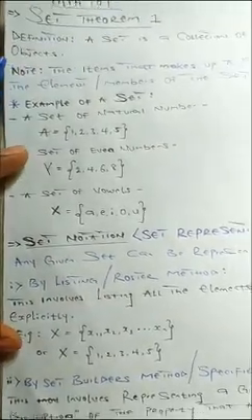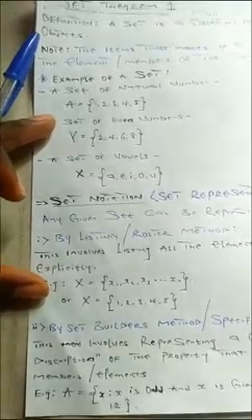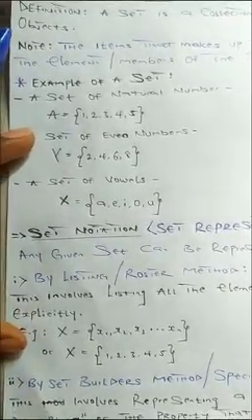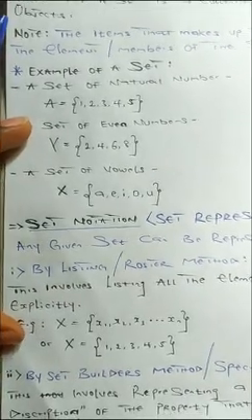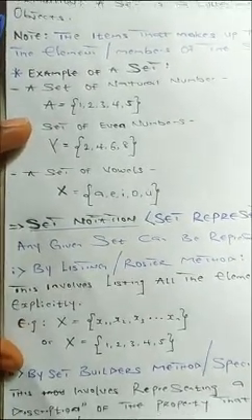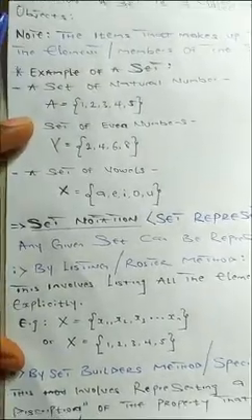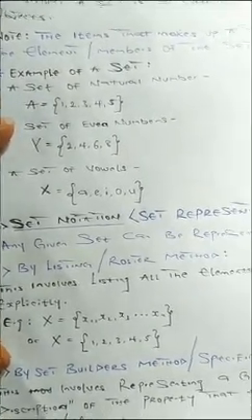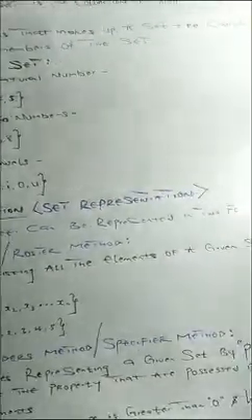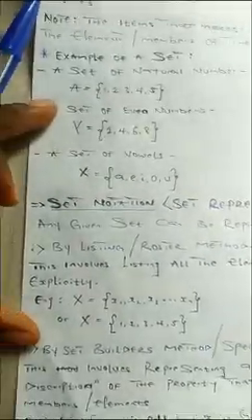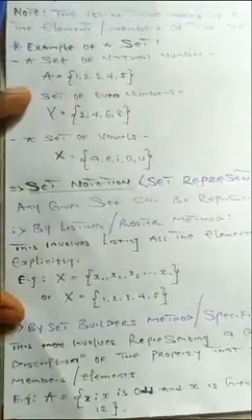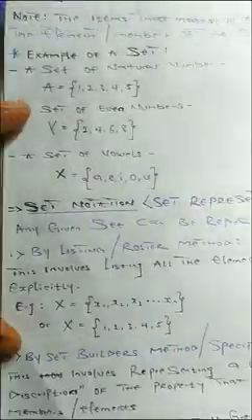Now, what is by listing? When a set is listed by the listing method or by the roster method, what does it mean? According to the definition, the listing method involves listing all the elements of a given set explicitly.